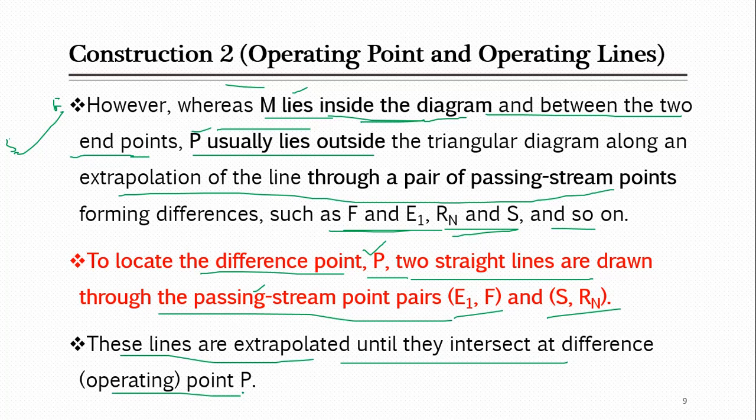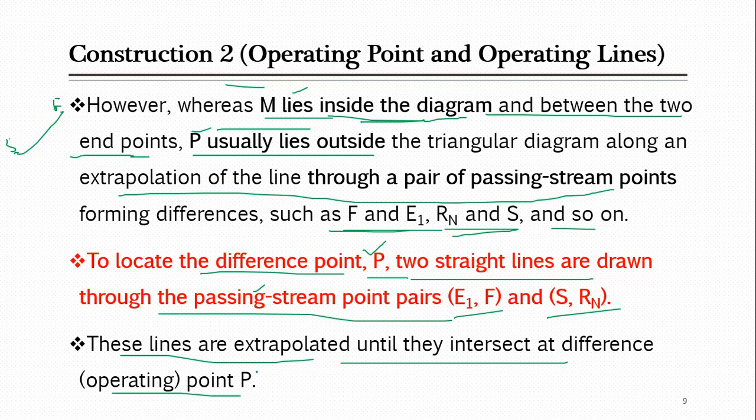Up to here just remember that M lies inside the diagram, but P can lie outside, and most of the time it is outside the diagram. In order to locate P, you should have at least two pairs of these points, and those pairs can be easily obtained if you apply the balance on the whole system.